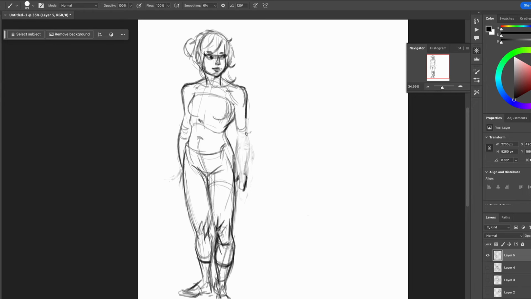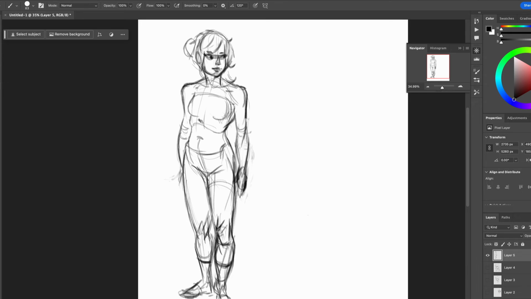The average female, generally speaking, is about 3 heads apart from shoulder to shoulder. From one side of the neck to the shoulder measures about 1 head, and from the neck to the shoulder on the other side, about 1 head.